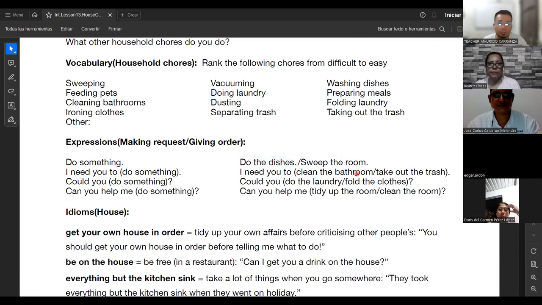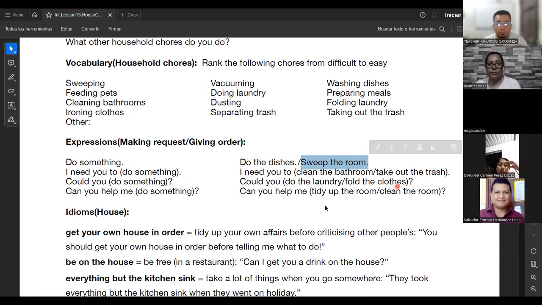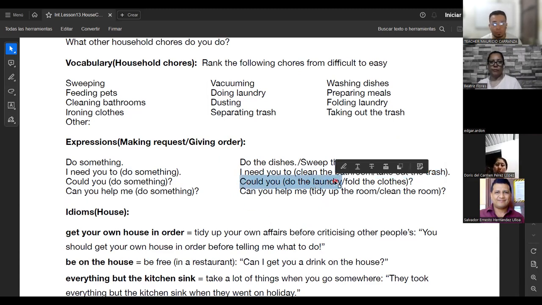Repeat. Do the dishes. Sweep the room. I need you to. It can be any of these. Examples: clean the bathroom. Take out the trash. Could you do the laundry?